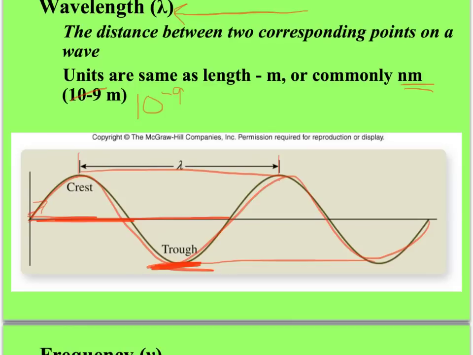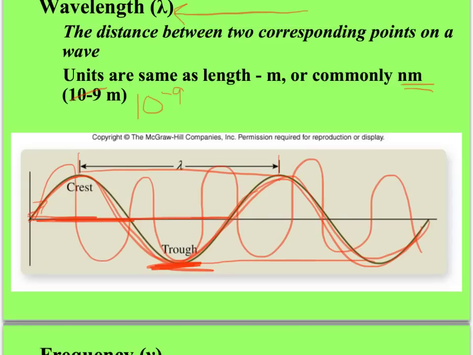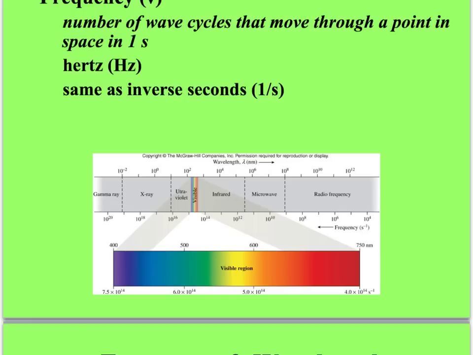And if you look here, this is a wave cycle, this is another wave cycle. Now, how could we make the frequency higher? Because this is how many are going to pass in 1 second. You could make the frequency higher by going like this. And in that same second, more waves are going to pass. Now, frequency is the number of wave cycles that move through a point in space in 1 second.